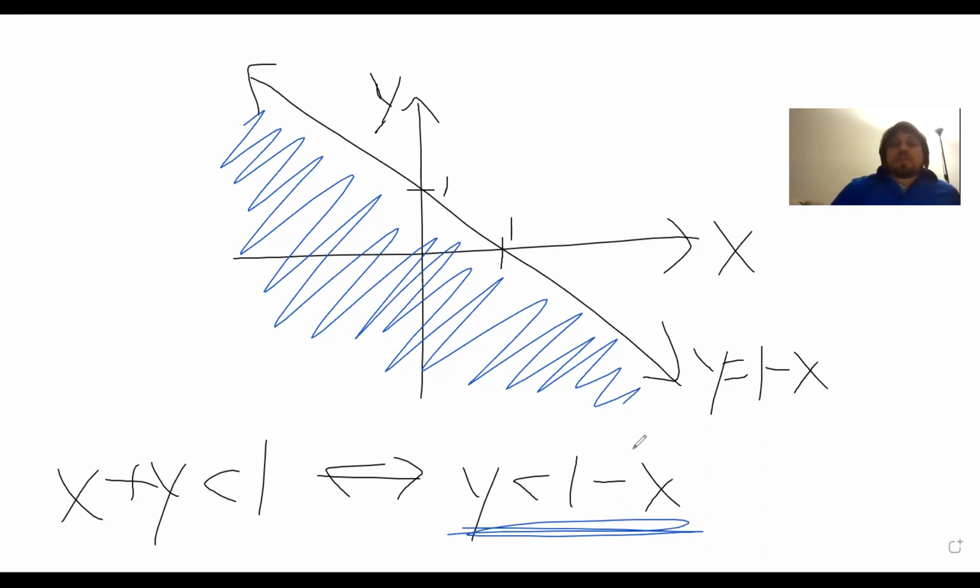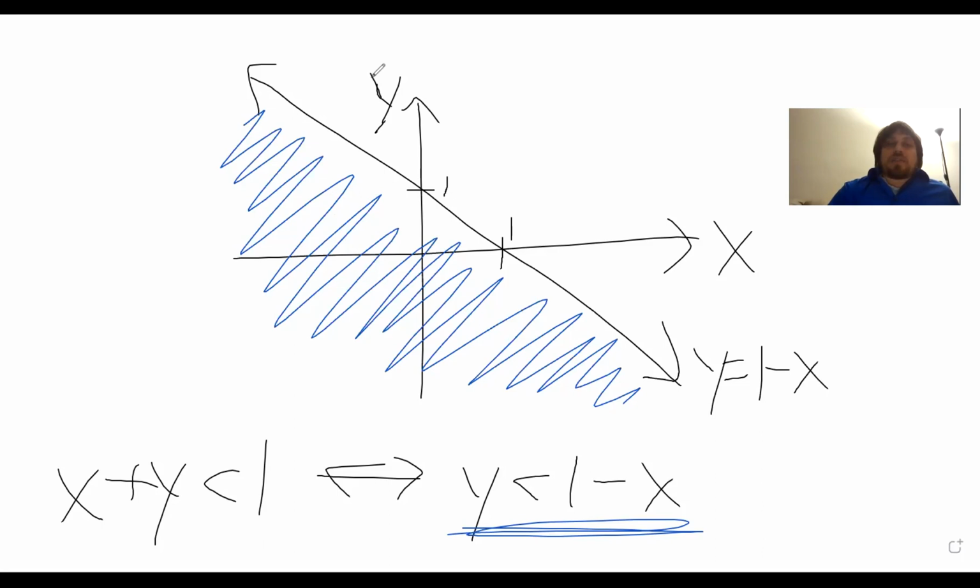Okay, so all the points x comma y that satisfy the inequality are the points in this blue shaded region. Points that are not shaded blue, points on the line and points above the line, do not satisfy it, right? Points on the line y equals 1 minus x would be equal, so they would not satisfy strictly less than. So only points below the line satisfy that inequality.